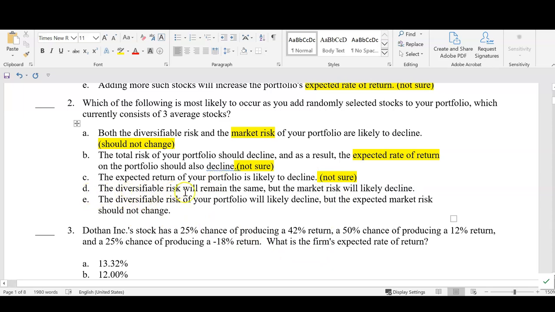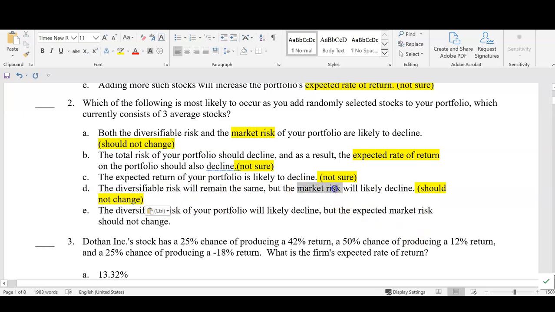Option D, the diversifiable risk will remain the same, but the market risk will likely decline. Again, diversifiable risk will decline, and market risk should not change.